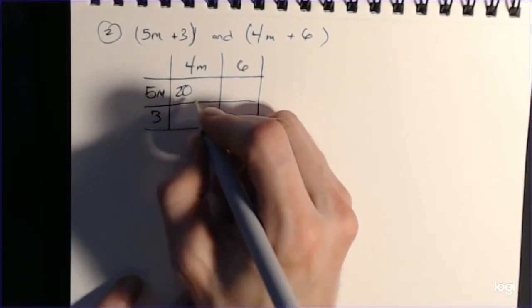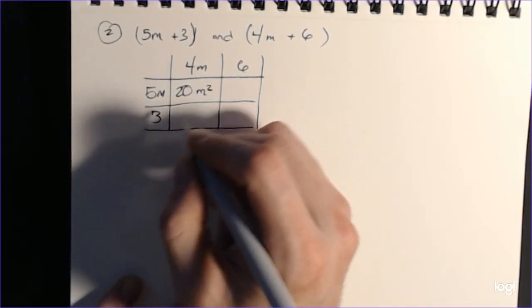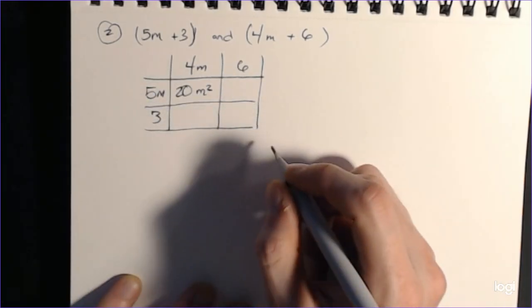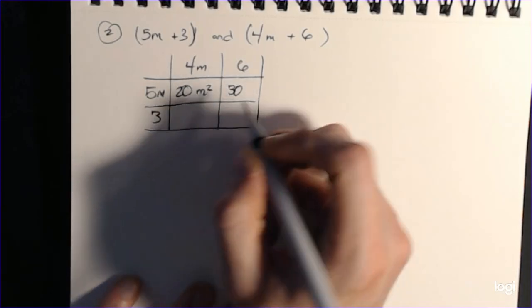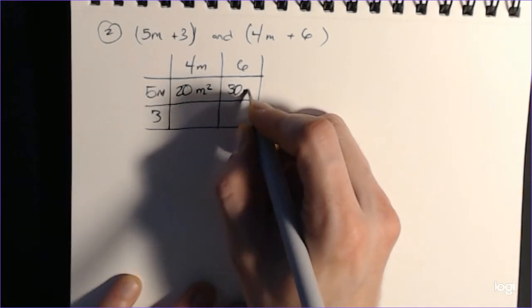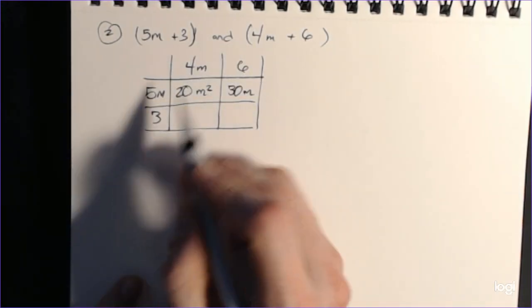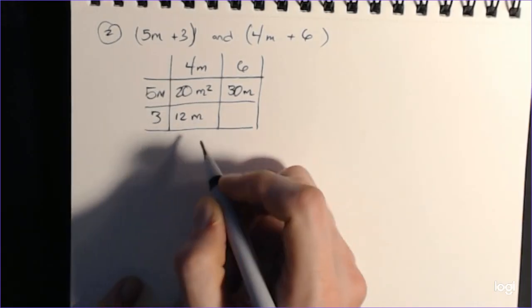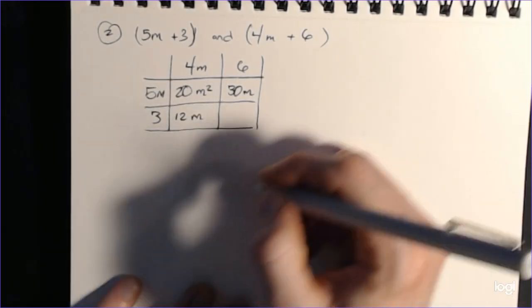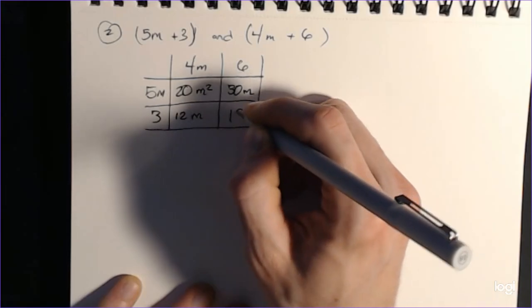M times m, m squared. Remember, anything times itself is just that squared. 5 times 6 gives us 30. And then we just have m. 3 times 4 is 12. We still have that m here. And 3 times 6 is 18.